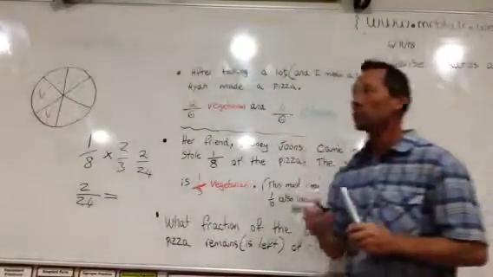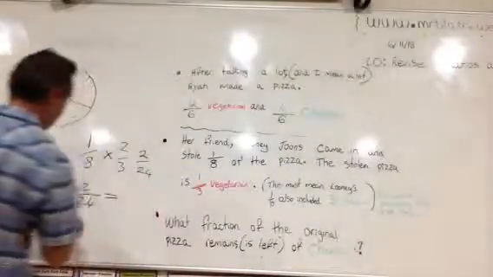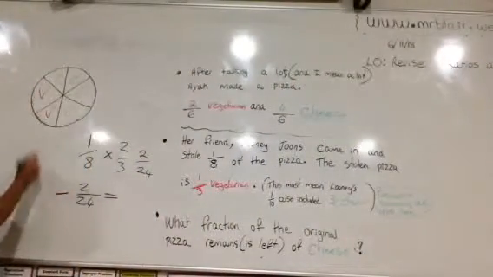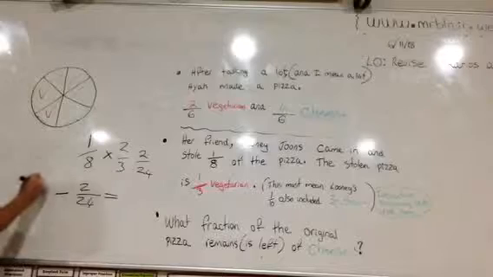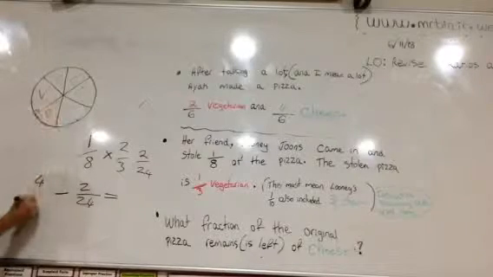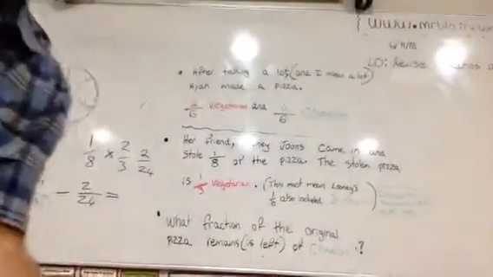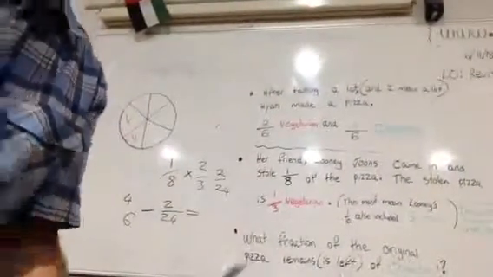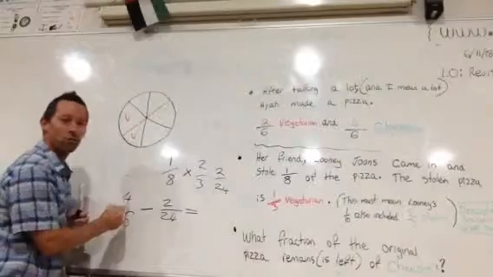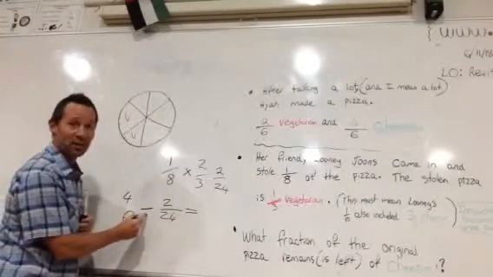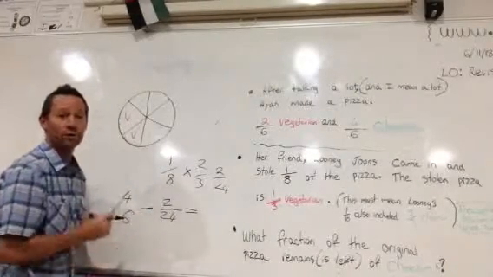So the original part of the pizza of cheese was 1, 2, 3, 4 out of 6. Oh, sorry, I can't really see this. So 4/6 take away 2 24ths.